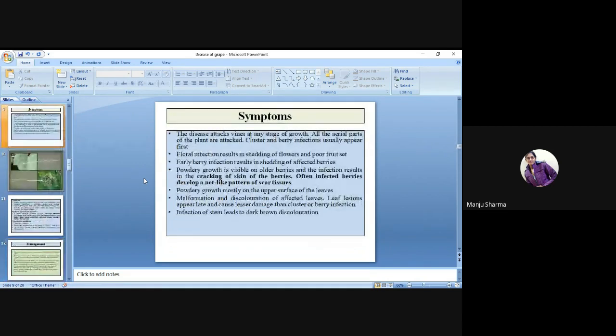Symptoms are like the disease attacks vine at any stage of growth. All the aerial parts of the plant are attacked.